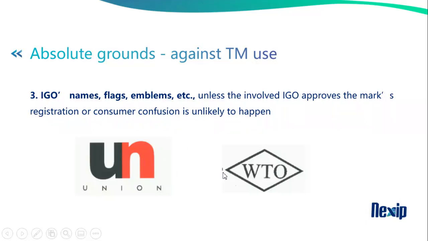So two examples here. First is UN, which is the abbreviation of United Nations, and this is WTO, which is the abbreviation of World Trade Organization. So typically they cannot be normally registered and used as trademarks in China.